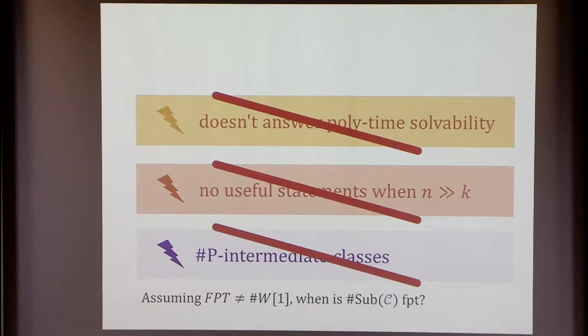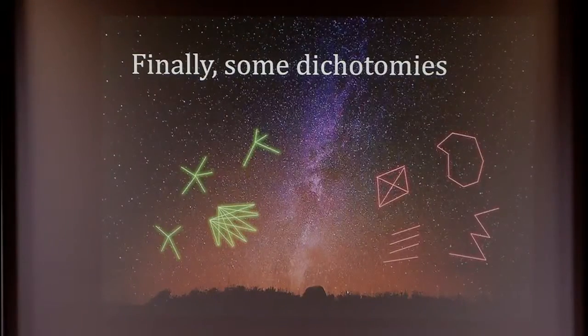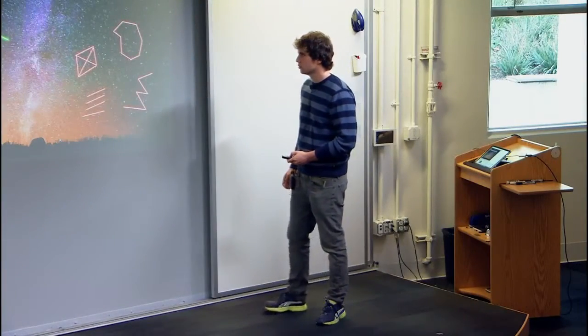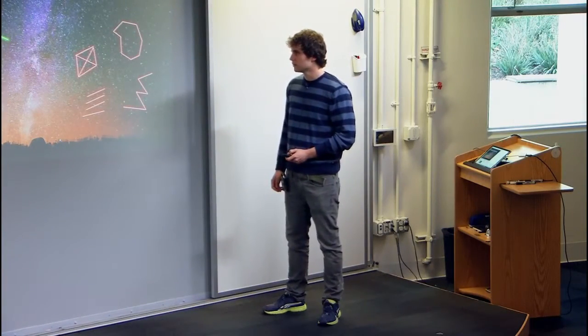And to elaborate on that, I would finally have to state this dichotomy that I've been teasing you with for the entire introduction now. So finally, we can actually do this thing that I mentioned in the beginning. We can try to state and prove some dichotomies.